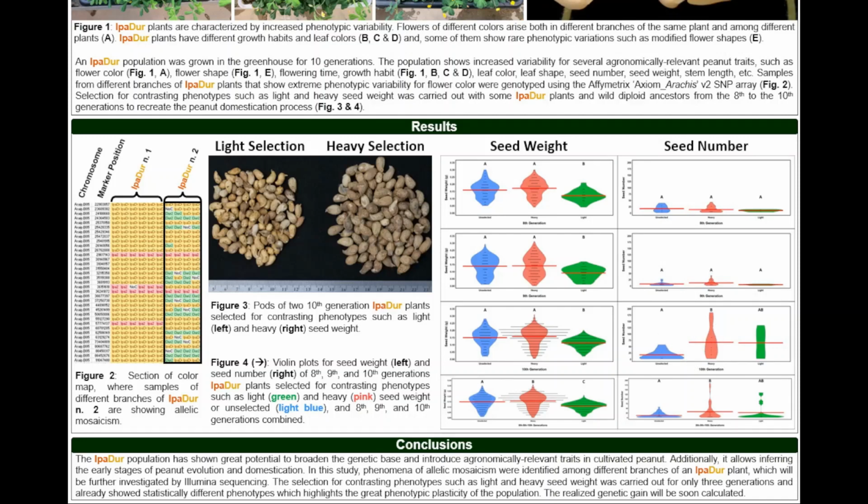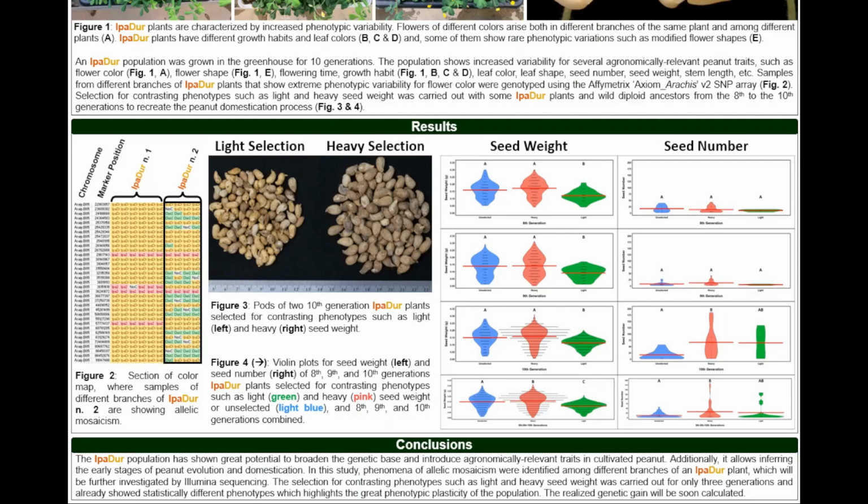Therefore, this IPADUR population has a lot of phenotypic and genotypic diversity, and it has a lot of potential to introduce new alleles for agronomically relevant traits in peanut crops. And with this experiment, we are investigating the early evolution and domestication process of peanut.